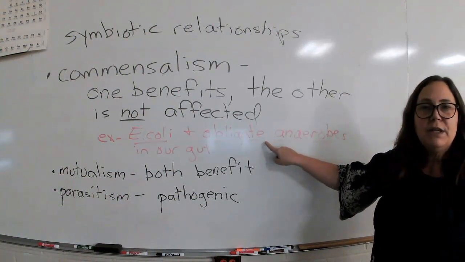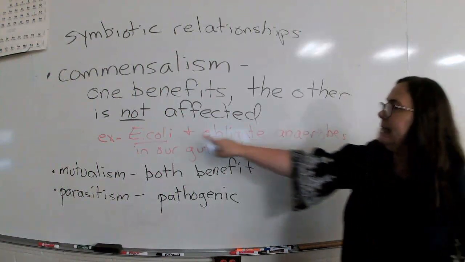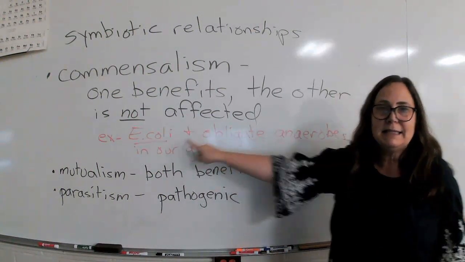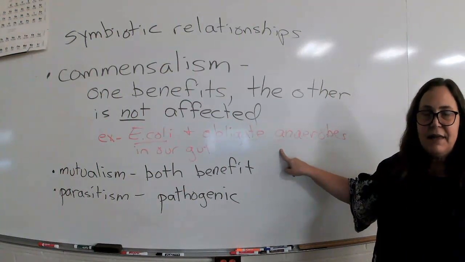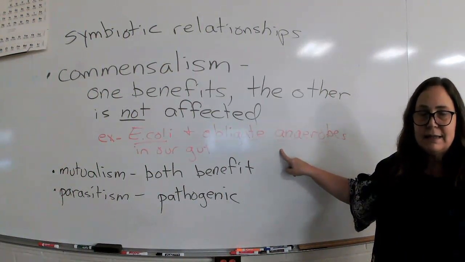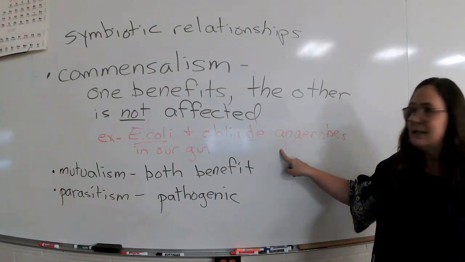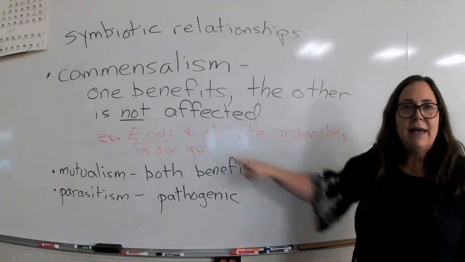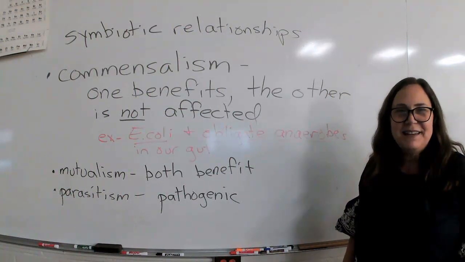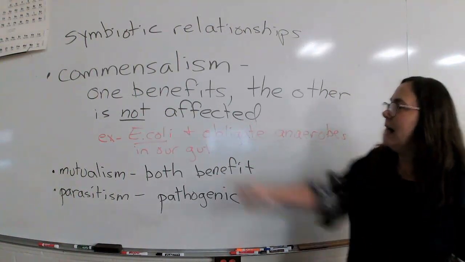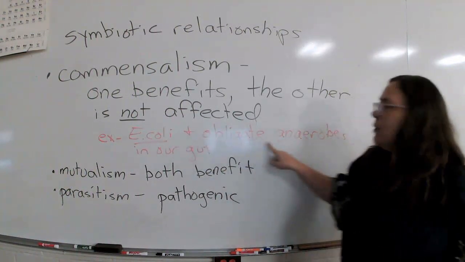And the example that we just went over, E. coli that live in our intestines and the obligate anaerobic bacteria that produce vitamins for us that also live in our intestines, they have a commensalistic relationship. The E. coli create the anaerobic environment.